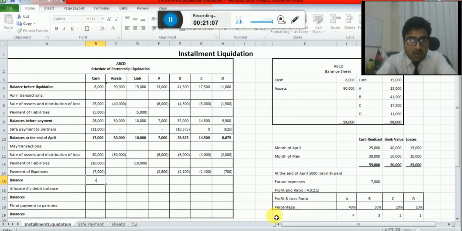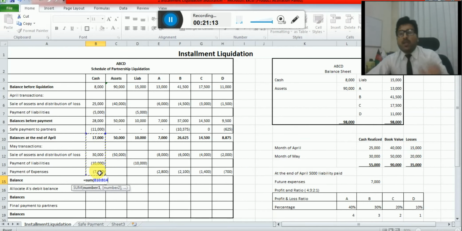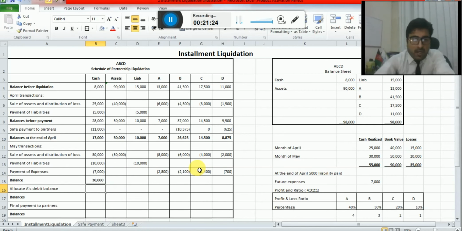What is the balance? Start from the balance up to the end. Each time when you add a value, you have to start from the balance. Take the range starting from the balance, press enter, and now drag to the right.